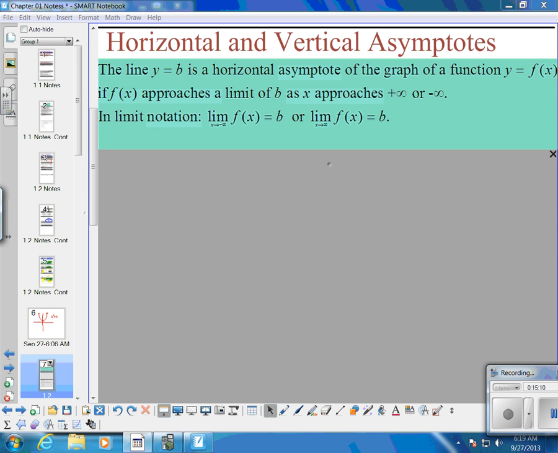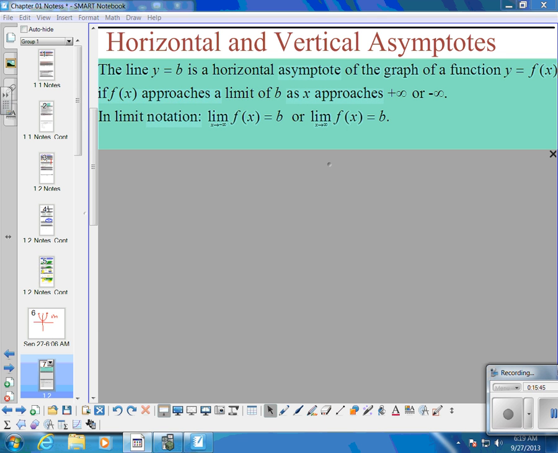Okay, another big concept here that you're going to have to put a lot of time into to fully understand is talking about and writing horizontal and vertical asymptotes and using what we call limit notation. So let me back up. I'll just read this. The line y equals b is a horizontal asymptote of the graph of a function y equals f of x if f of x approaches a limit of b as x approaches positive infinity or negative infinity.